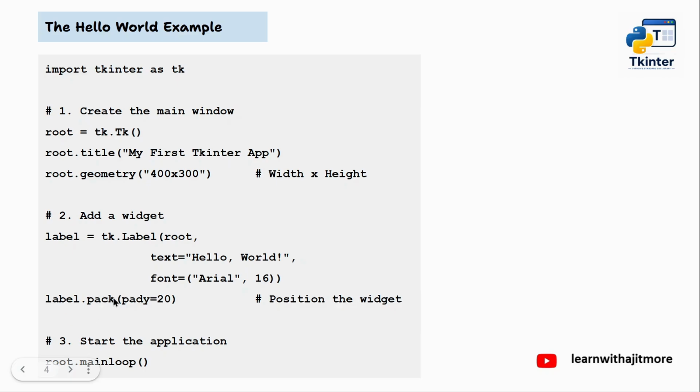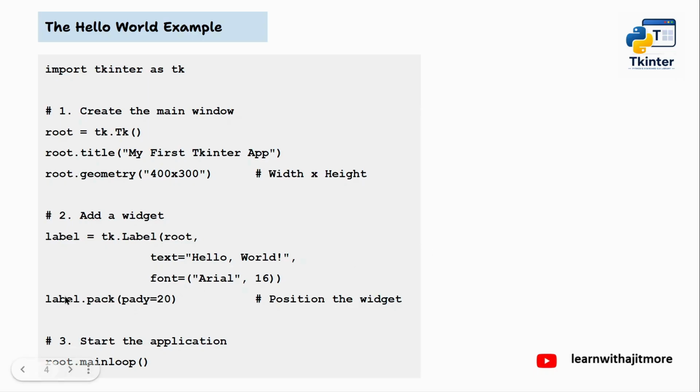See, label dot pack. And what does the pack geometry manager do? There are three geometry managers: one is pack, one is place, one is grid. All three managers I'm going to tell you. The default pack manager just sticks this component to the top. It's like a magnet. It checks where the space is and sticks itself to that space.